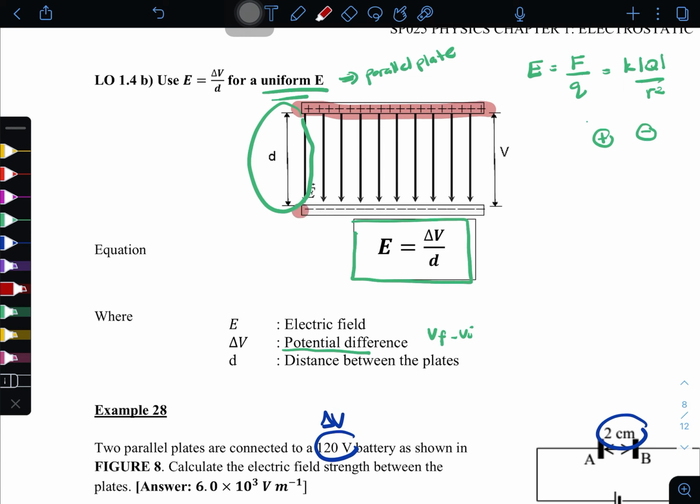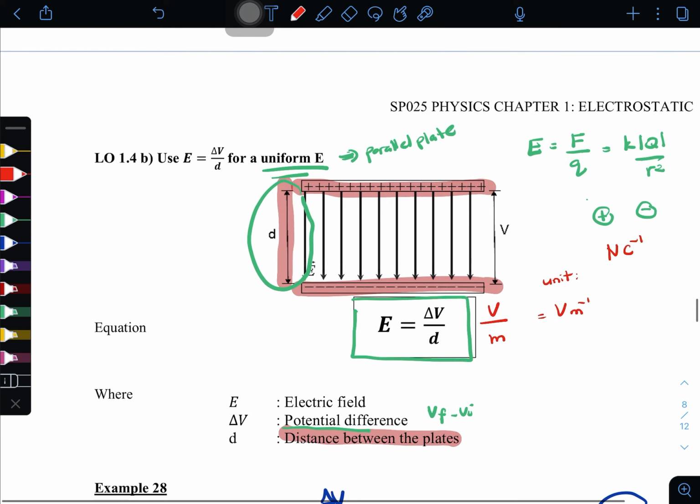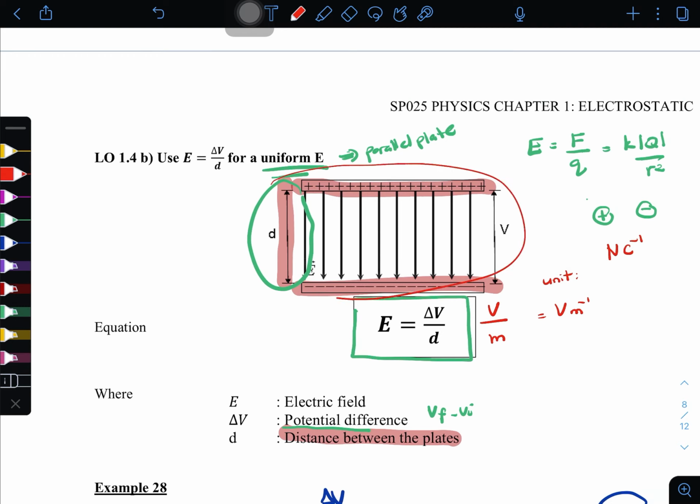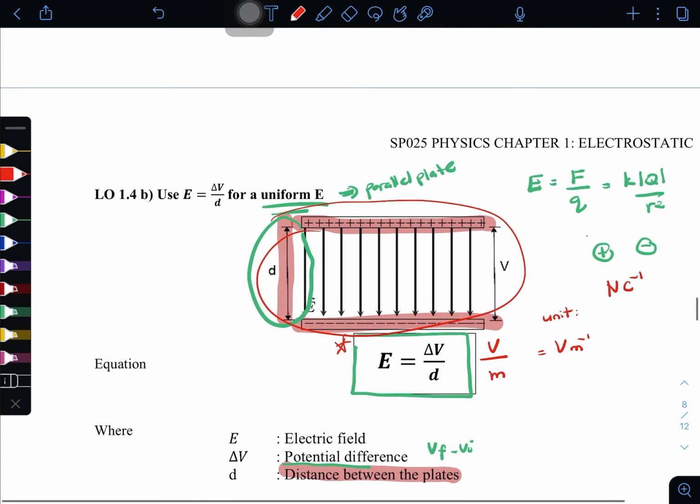Antara plate positif dan negatif, dia akan ada nilai D, which is the distance between the plates. So D. So E equals to delta V over D. And for this one, the unit, kita tak guna Newton per Coulomb sebab kita guna volt per meter. Unit dia. Right? So this is a very simple one. Kalau kamu jumpa plate, dia minta find electric field, kita guna delta V over D. Right? So that's for 1.4.